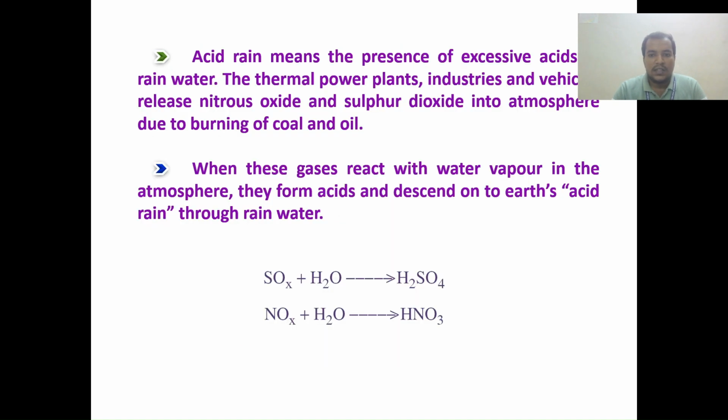Acid rain means the presence of excessive acids in rainwater. Thermal power plants, industries and vehicles emit nitrogen dioxide and sulfur dioxide into the atmosphere, and when these gases react with water vapor, they form acids that descend to earth as acid rain through the rainwater.